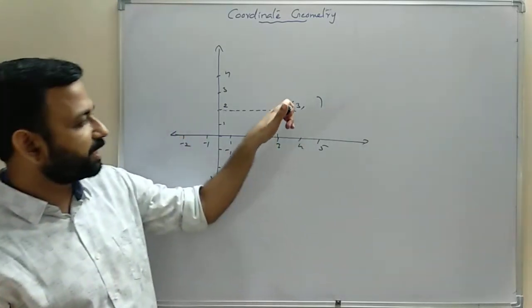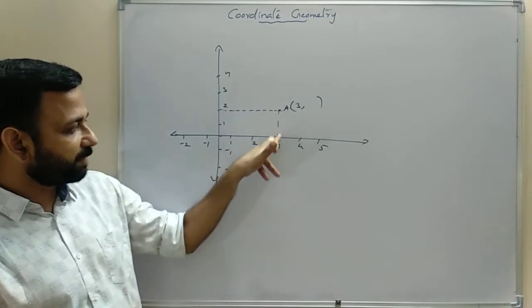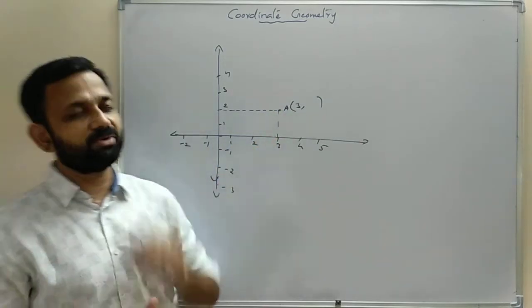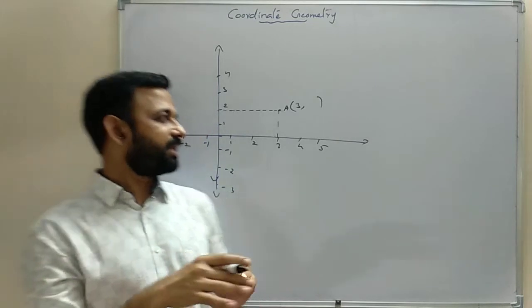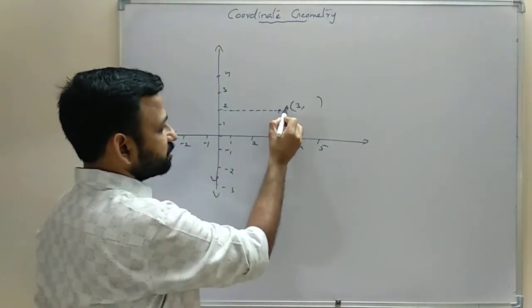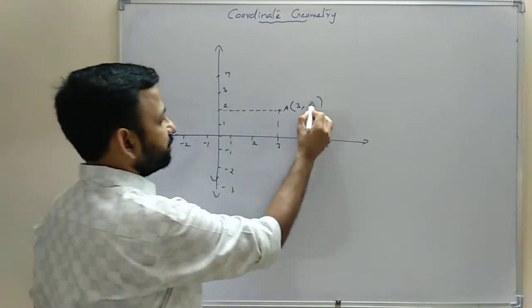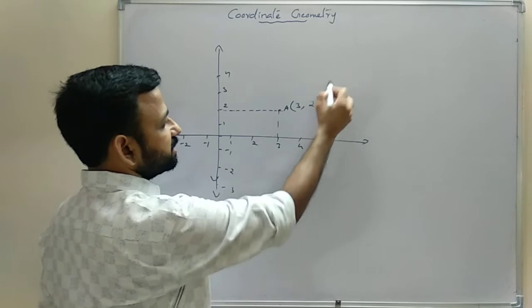When we draw a perpendicular from that point to the x-axis, the point of intersection of that perpendicular and the x-axis is the x coordinate. Similarly, the y coordinate is the distance of the point from the x-axis, which here is 2 units. So this is the x coordinate and this is the y coordinate.